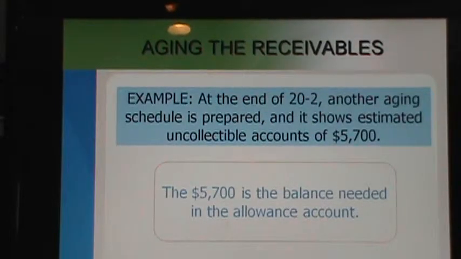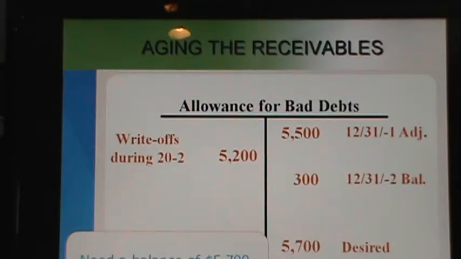So at the end of 2002, or the next year, another aging schedule is prepared, and it shows the estimated uncollectible accounts of $5,700 this time. So this time we need to have $5,700 in the allowance for bad debts.